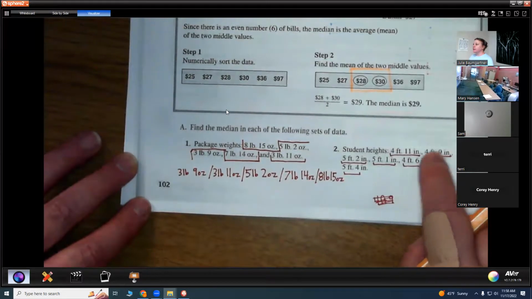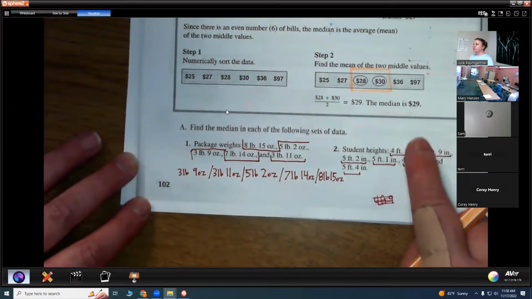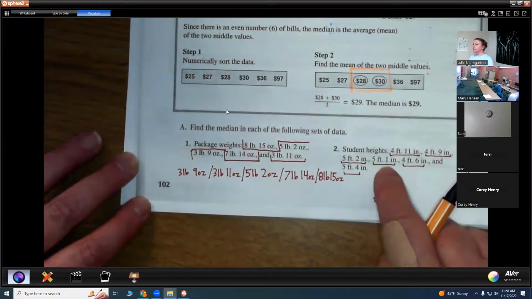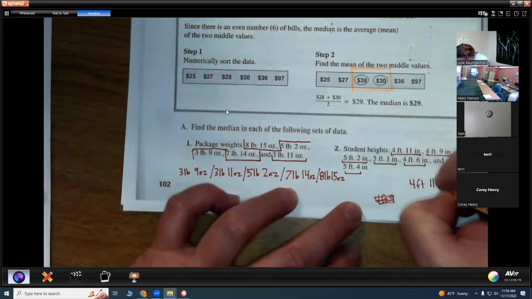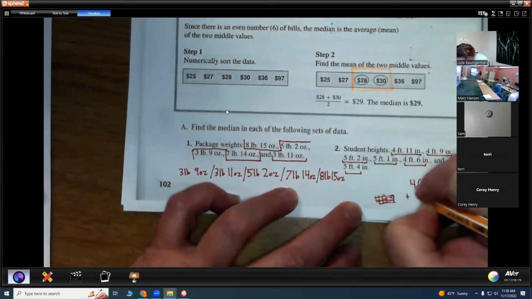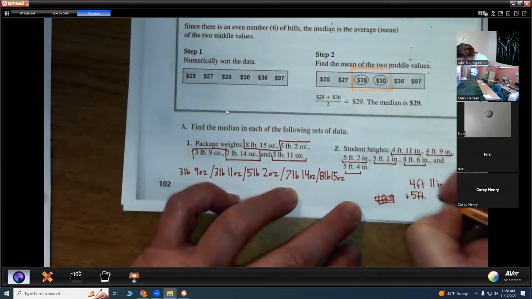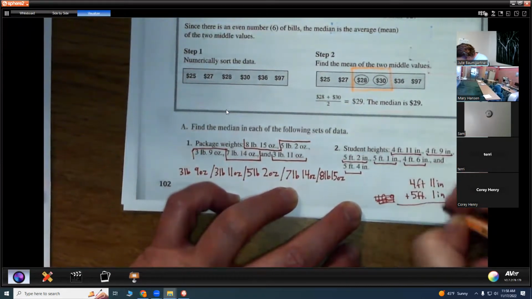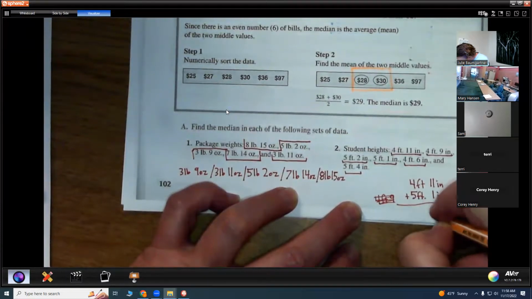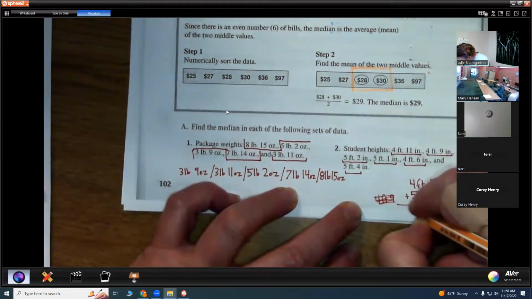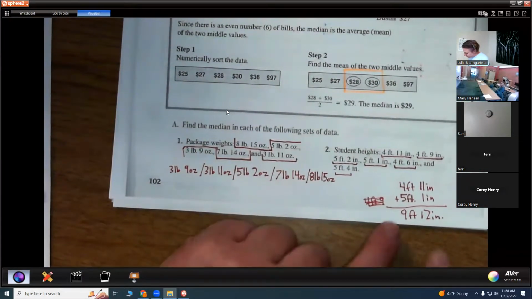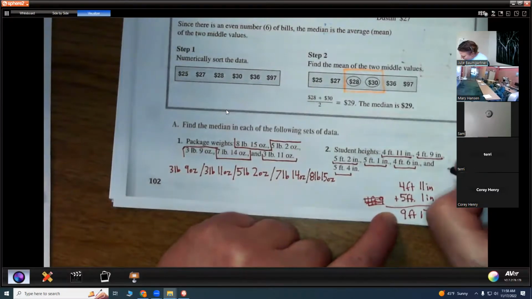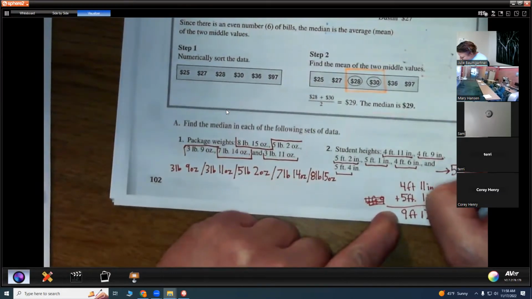So 4 foot, 11 inches. For number 2, the median should be 5 feet exactly.